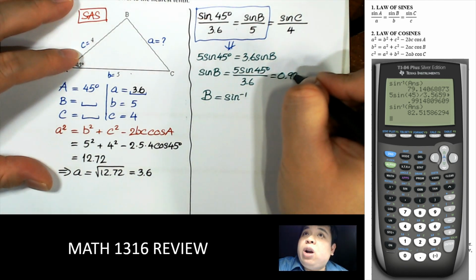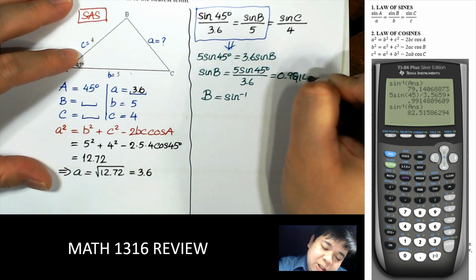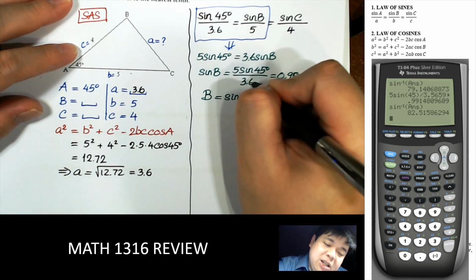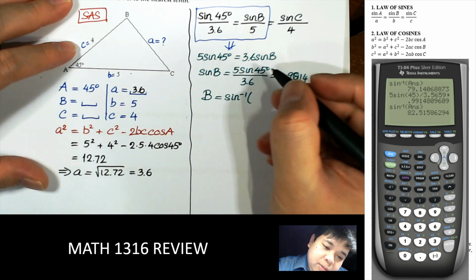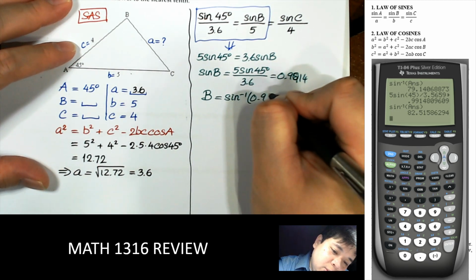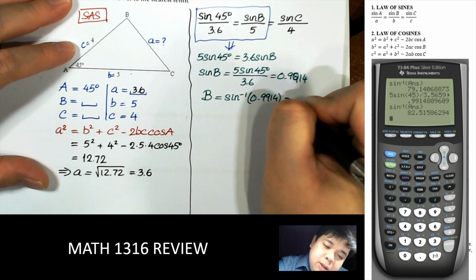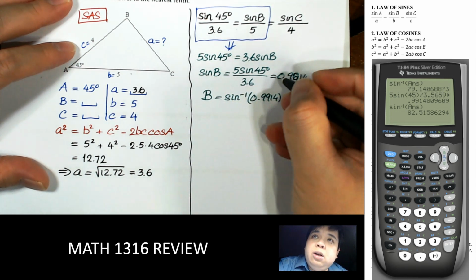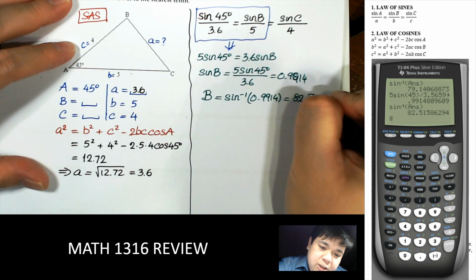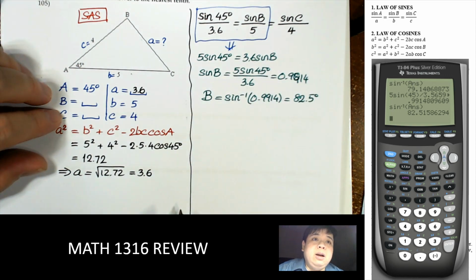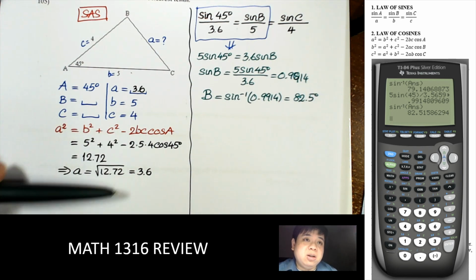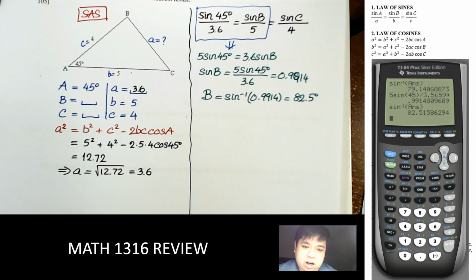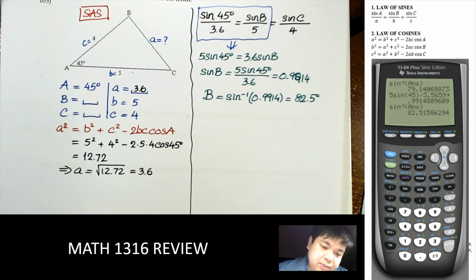So this will be 0.9914. This number rounds off to 82.5 degrees. By the way, I'm not worried about that. On the test, whatever number works, if the math is correct, it will be correct.